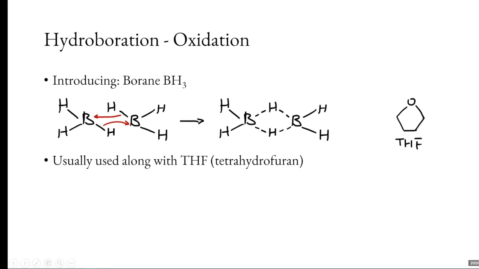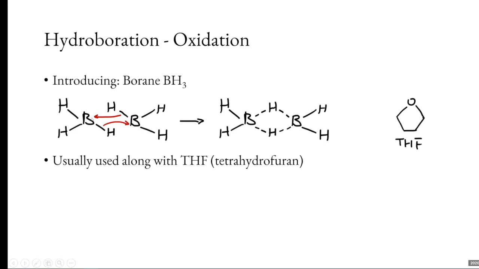Actually, they are isoelectronic species, right? So you can imagine that BH3 has an empty p orbital. In this case, the hydrogen is carrying most of the electron density, and boron is really electron deficient.